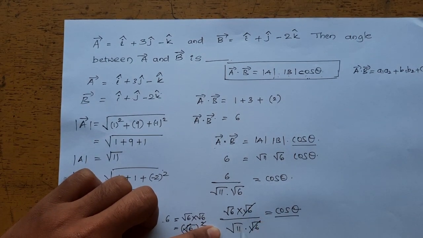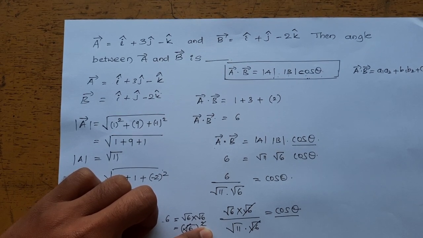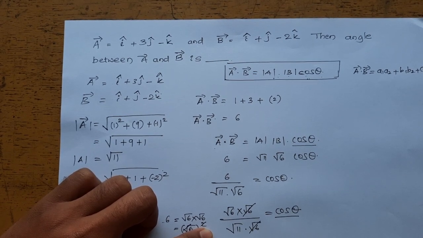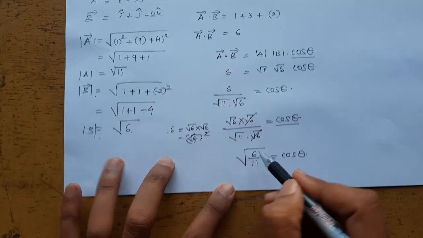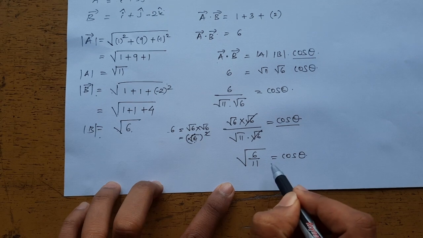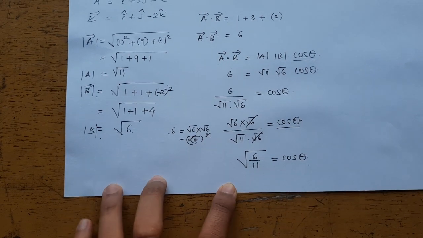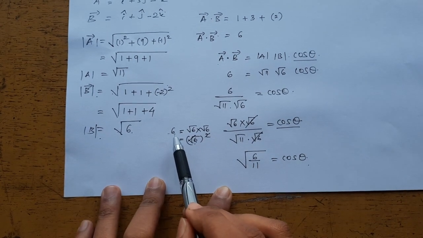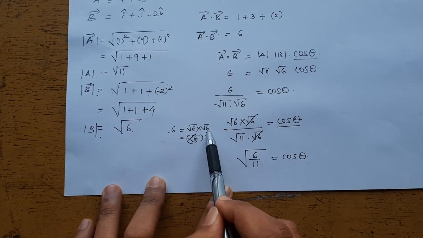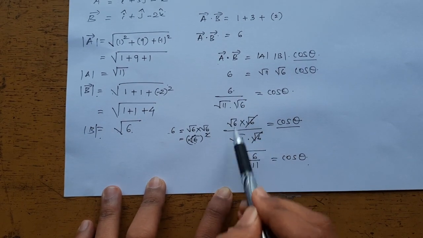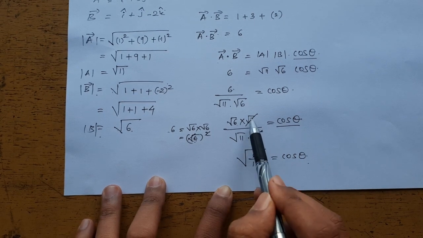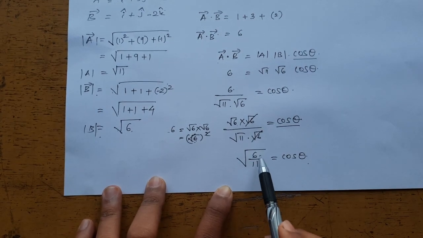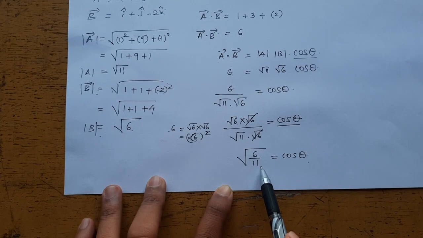If you take it in a single root, we can write root of 6 by 11 is equal to cos theta. Instead of this 6, I have written root 6 into root 6. Out of that, one root 6 and this one will cancel, remaining only root 6 by 11.